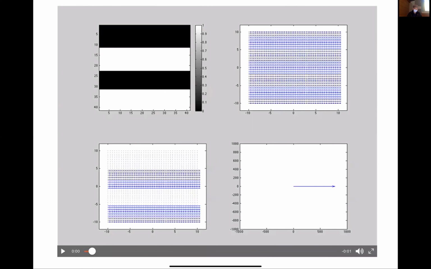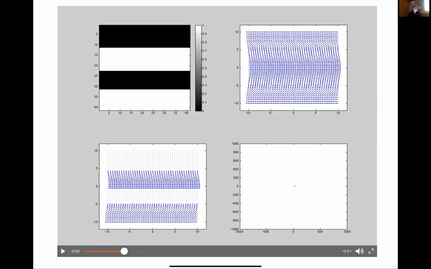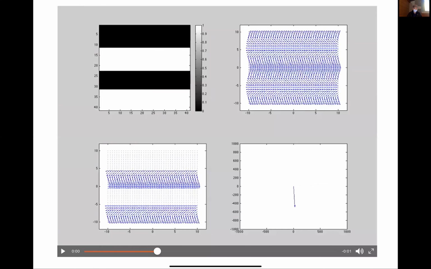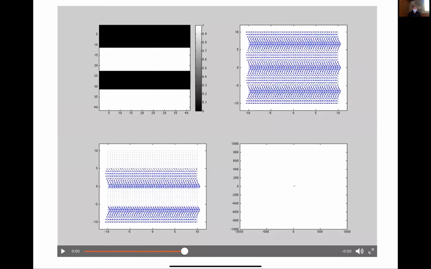Okay, so we start imposing. You start seeing how we're moving along the ky axis because you're starting to see variation in the y direction. And you notice that when that variation is at a certain frequency, the vector sum can be very small, because here we've got vectors pointing in opposite directions, and so things cancel out.